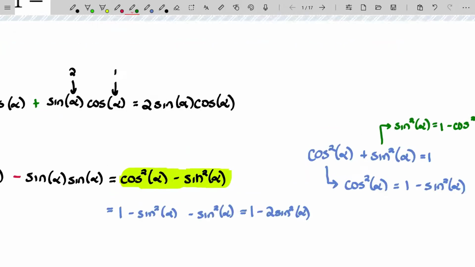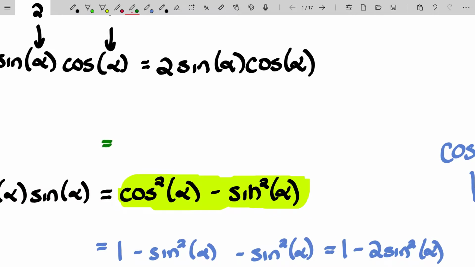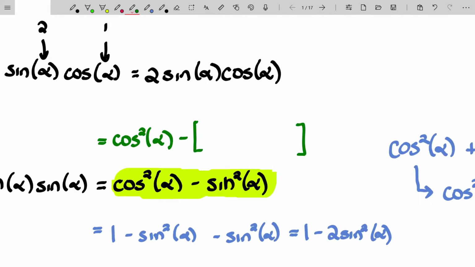So doing that, and I'll write it above, we would have had a cosine squared of alpha minus, and you have to use parentheses here. You know from algebra that when you subtract a statement and you trade that statement out for a different statement, you should put parentheses around it, because if you don't, you're likely to get things terribly wrong. So we're subtracting this statement, 1 minus cosine squared, because 1 minus cosine squared is the same thing as sine squared.